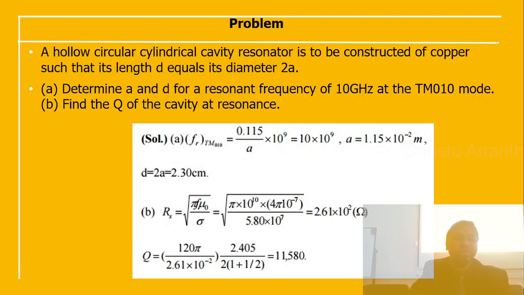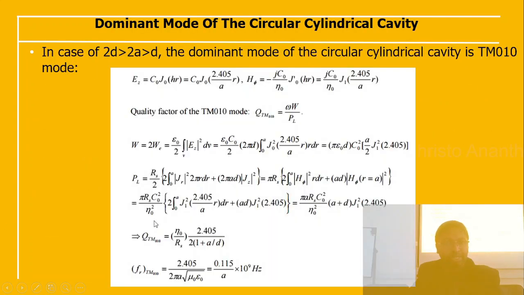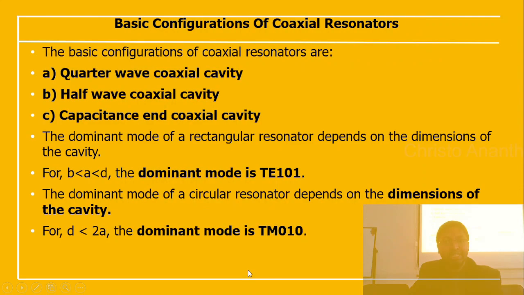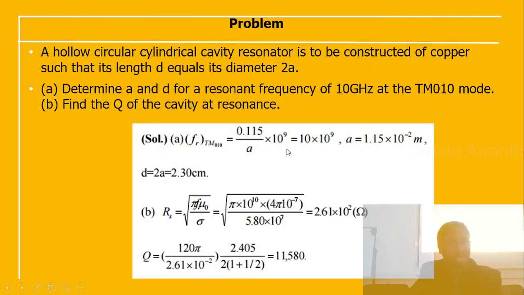So you know this fr. From here I'm taking 0.115 divided by a, 10 power 9 hertz. So you are going to have the equation for fr of TM010, because it is given as TM010.